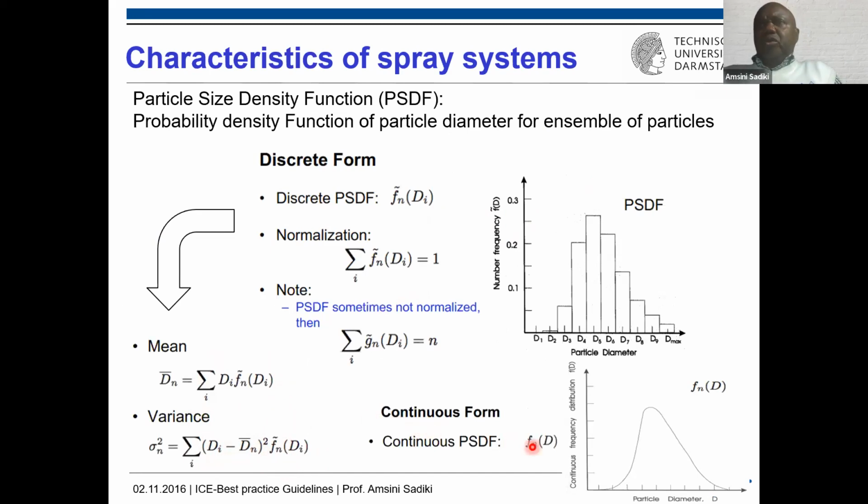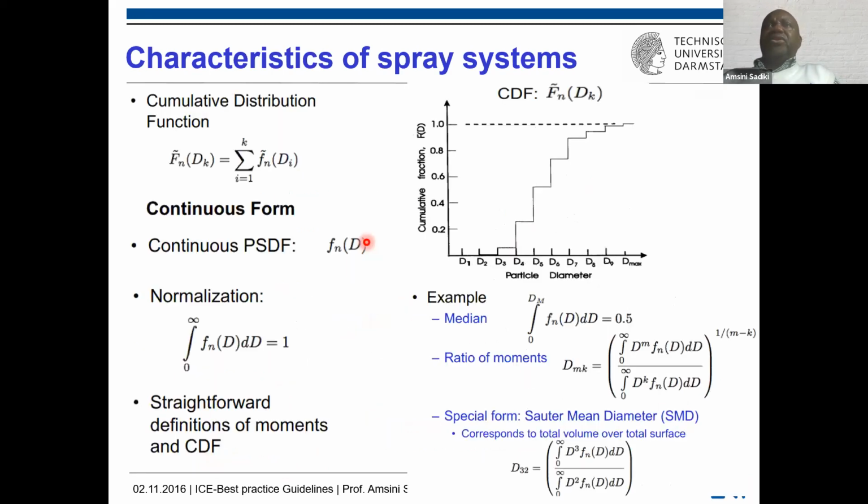If it is continuous, then we have this. And if we have this, we can also write everything here as an integral. And that is what we have now. Here, the normalization is equal to 1. The median can be written like this if we have these mean values, and the ratio of moments is exactly what we have obtained there.